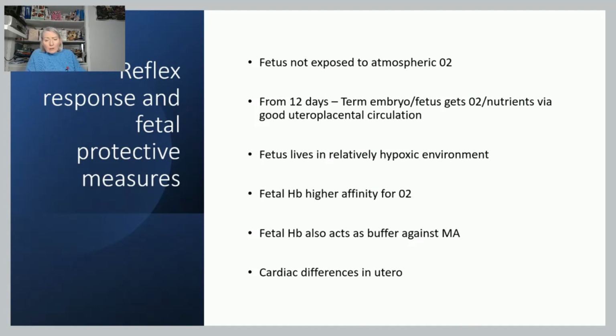So unlike adults, fetuses are not exposed to atmospheric oxygen. When an adult's exposed to hypoxia, we will increase our breathing rate and depth to actually enhance our oxygen uptake. Babies can't do that.